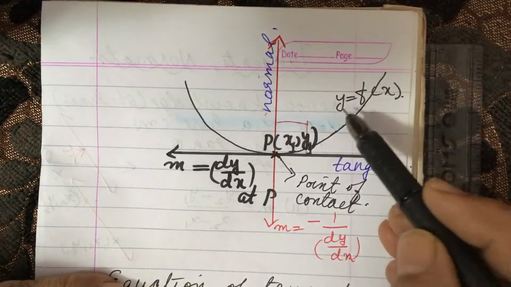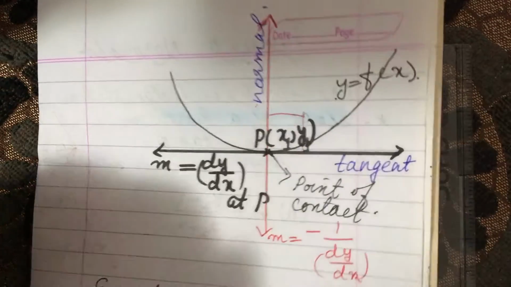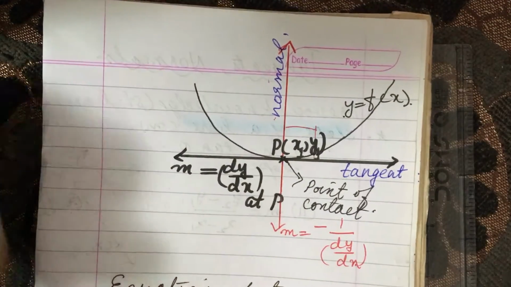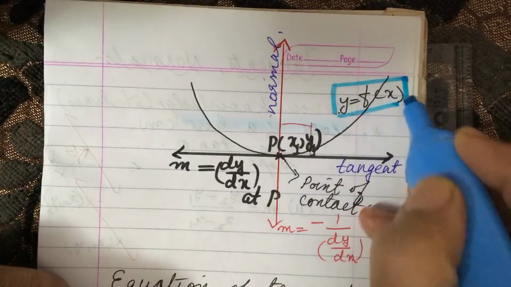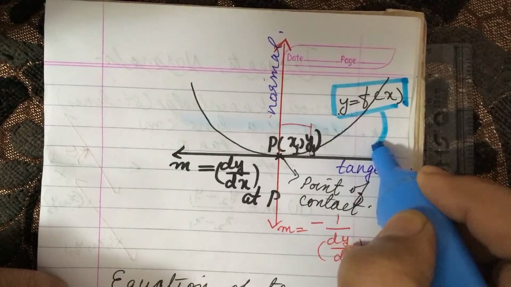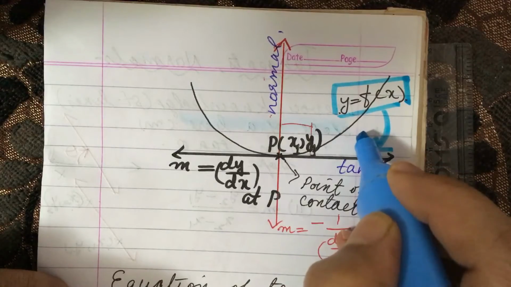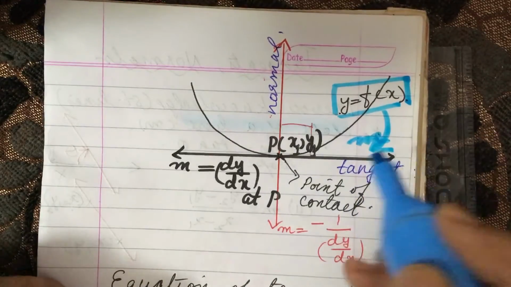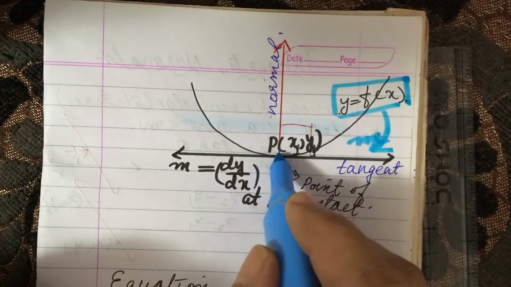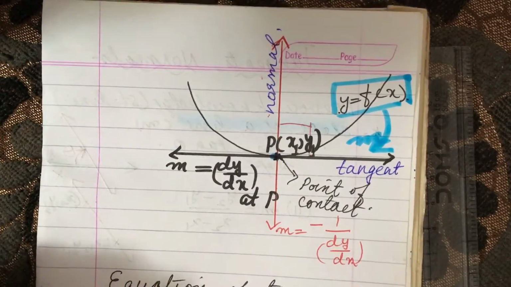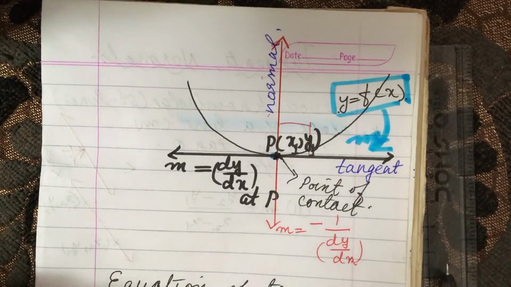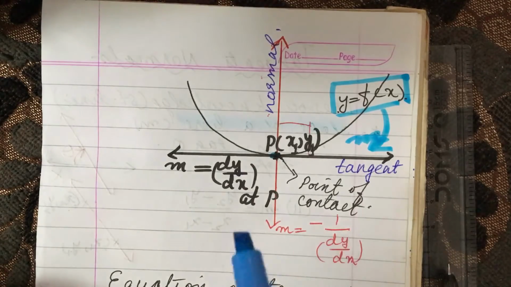Now, if you know the equation of this curve, that is, the equation of the curve is y equals f of x, from the equation of the curve you can find the slope of the tangent at the point of contact P(x, y). That is, slope equals dy by dx.